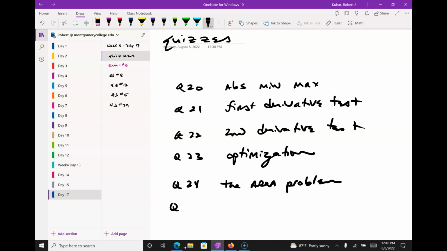And quiz 25 will be antiderivatives, u-sub integrals. We didn't learn that yet either. So we didn't learn these last few pieces yet. And then I'll be happy to drop 5 quizzes. I think 5 quizzes. If we have 25 quizzes, I'll drop 20% of them.